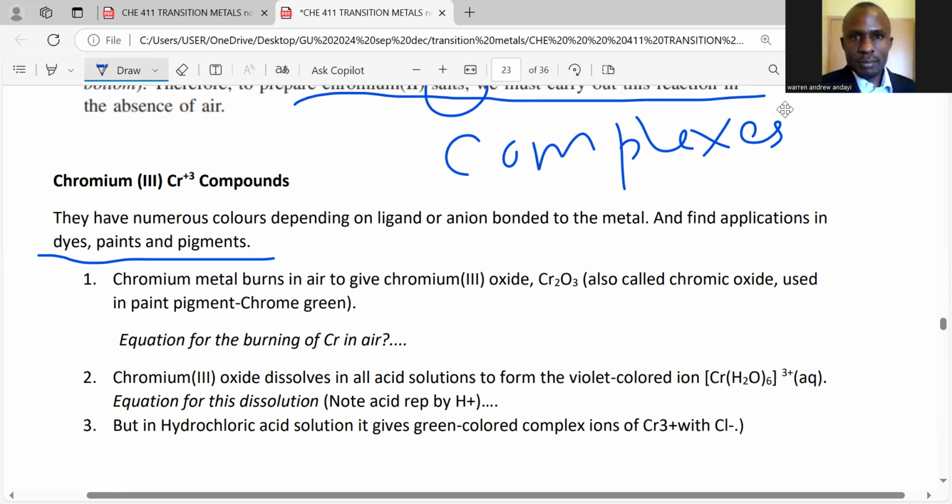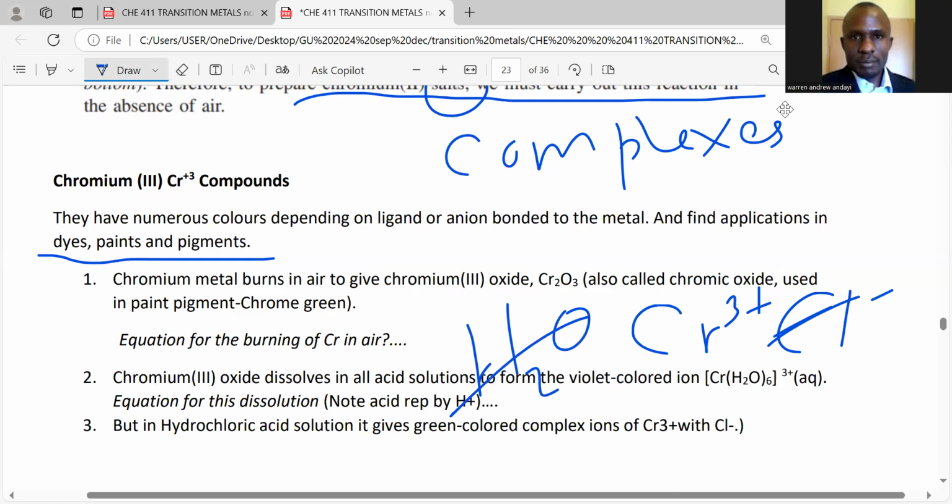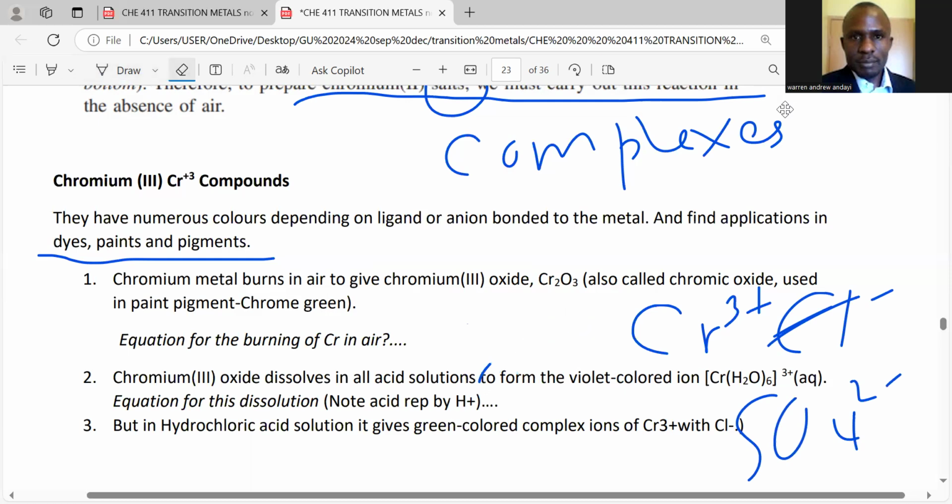So if I have a chromium 3 ion and I put chlorines on it, I'll find a different color. If I remove the chlorine and put on maybe water, I'll have a different color. If I remove that and put maybe sulfate, I'll have a different color. So you can vary the anion to get different colors, with the same metal ion.